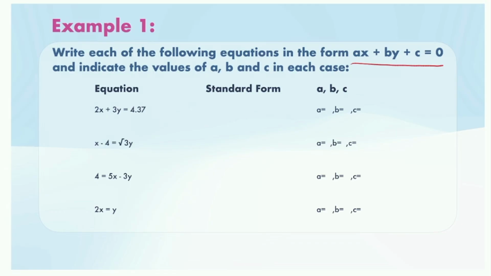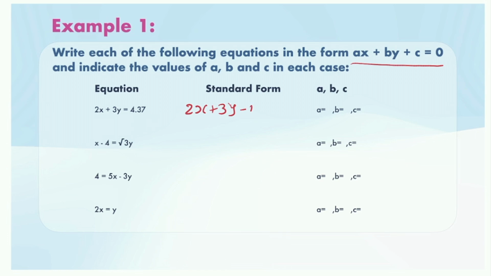Here I have 2x, that is ax, so I don't have a problem with this, so I write 2x. Then plus 3y, no problem with this either, so plus 3y. Then here I have equal to 4.37, but in standard form we have to write the constant term on this side and equal to 0, right? So let me take this term to the left side of the equation.